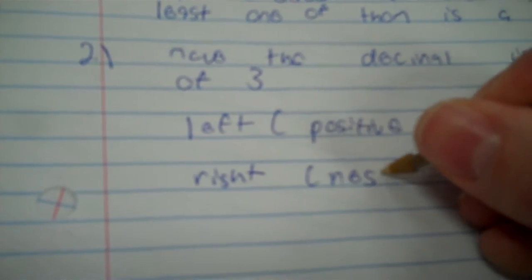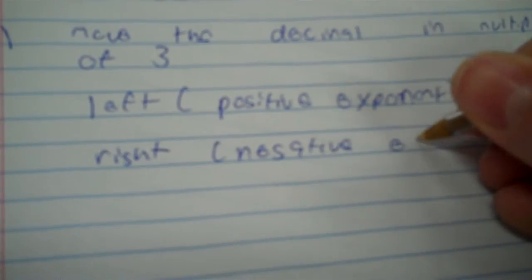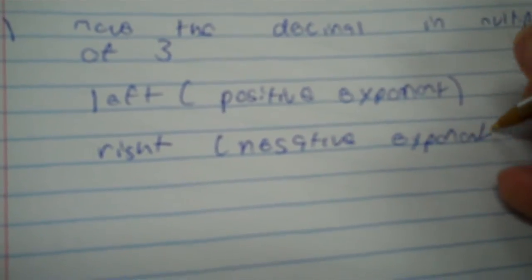And if you move it left, you have a positive exponent on the base 10. And if you move it right, you have a negative exponent. Okay, so that's the rules. Now let's get started.